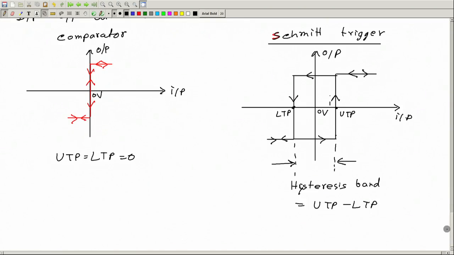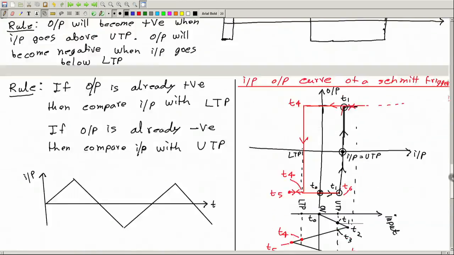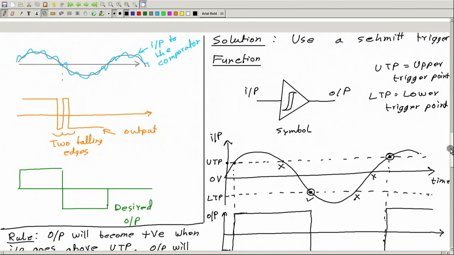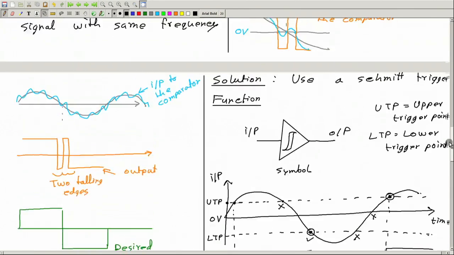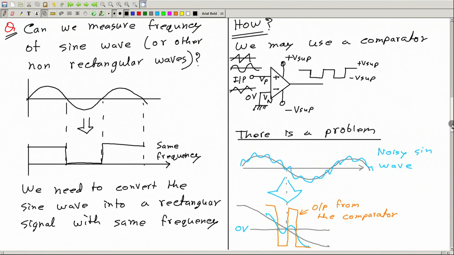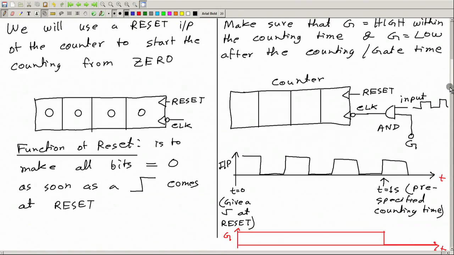Great. Okay, now let's come to the main question. So let's go back. By the way, what are we studying? We are studying frequency meters. And how does a frequency meter work?